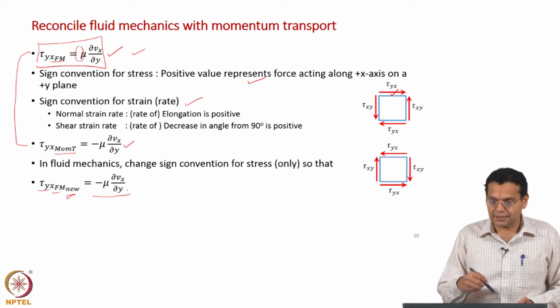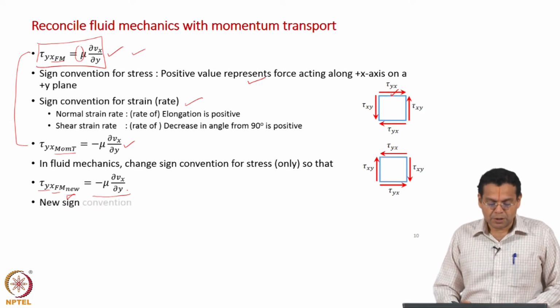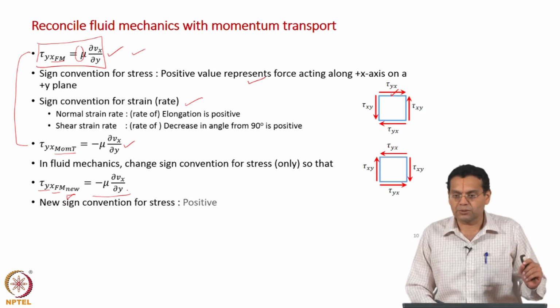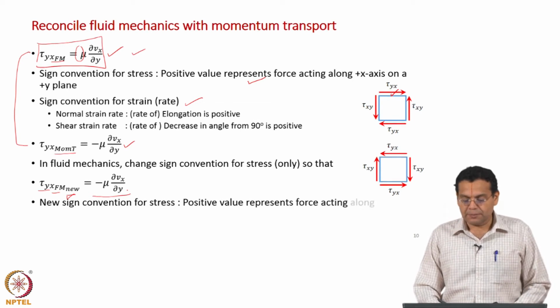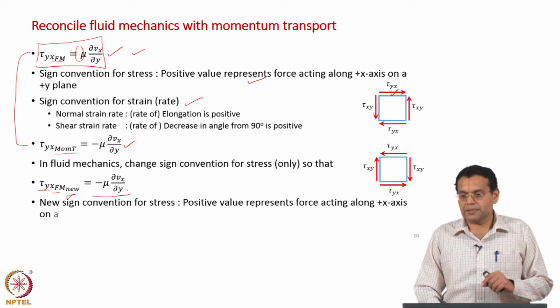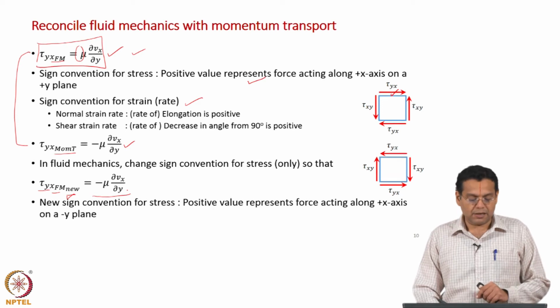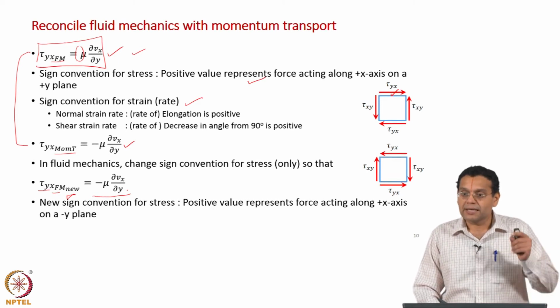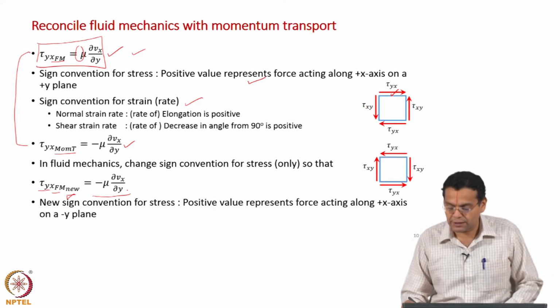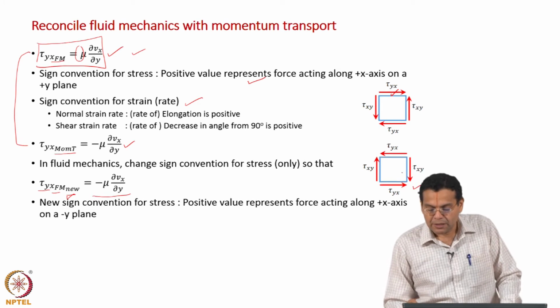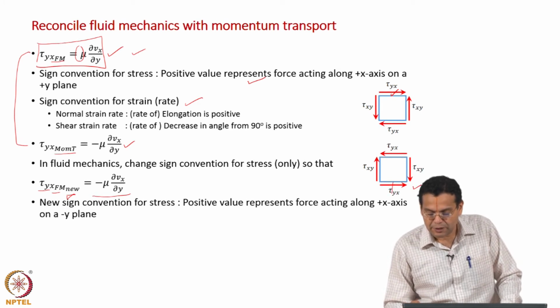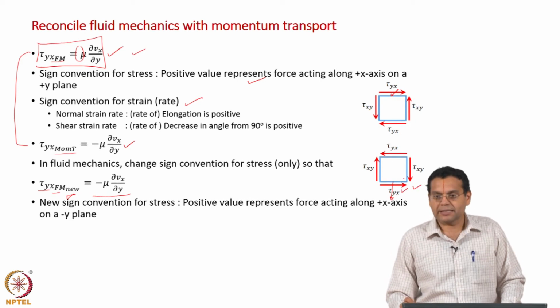In the new sign convention, what do you mean by a positive tau x? What does it mean? A positive value represents force acting along the positive x axis on a negative y plane, and that is what is shown here. This is a negative y plane and the force is shown along a positive x axis.